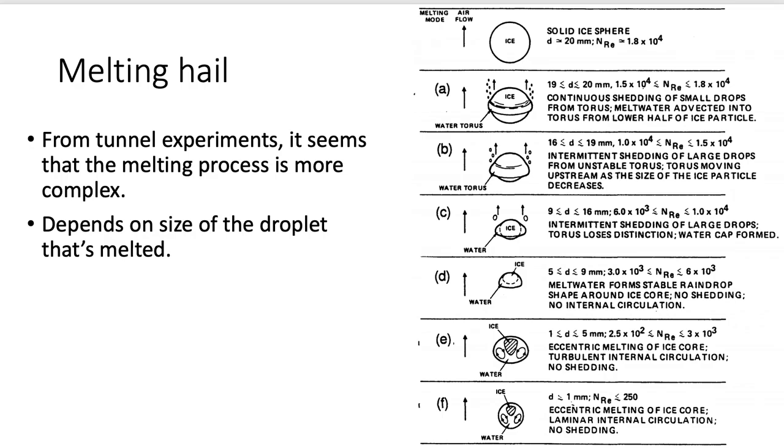Because first of all, when you have ice and you start to melt some of the outer layers of the ice, if you could zoom in, you'd see that this melted ice, this water, because you're falling down, will move to the sides of the ice particle, and you start to have something that looks like this with this kind of ring.